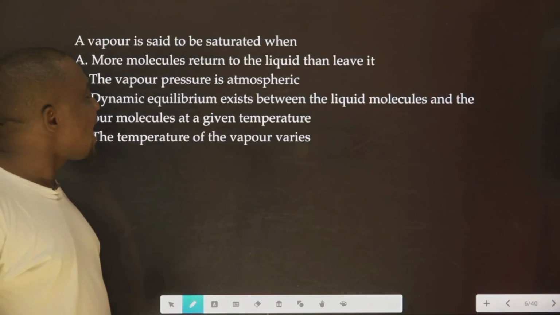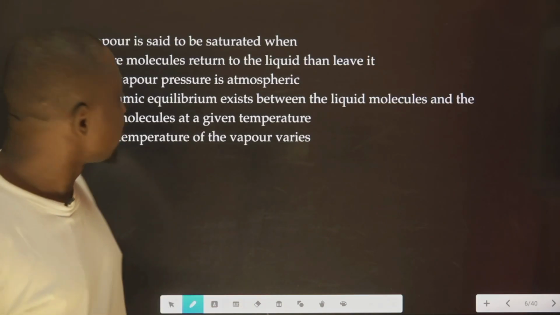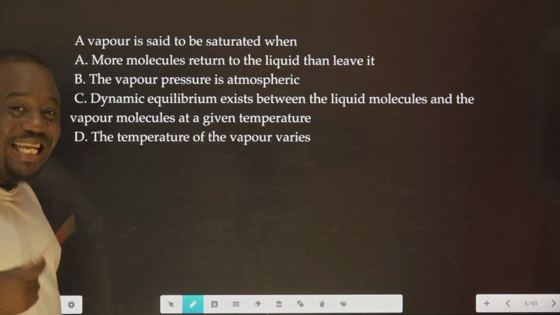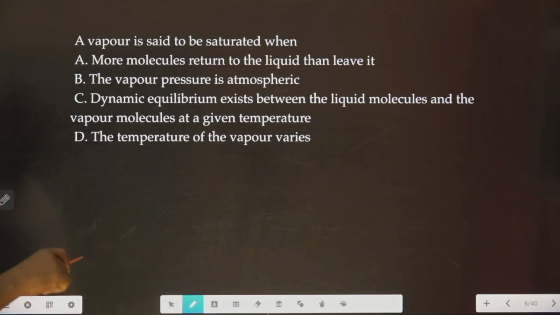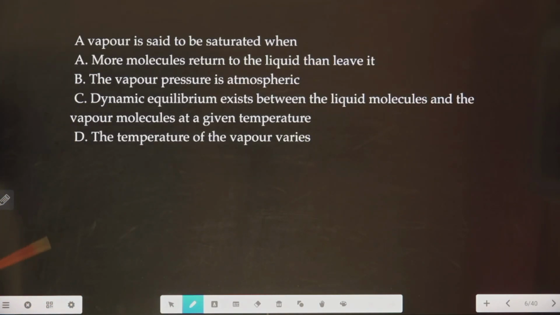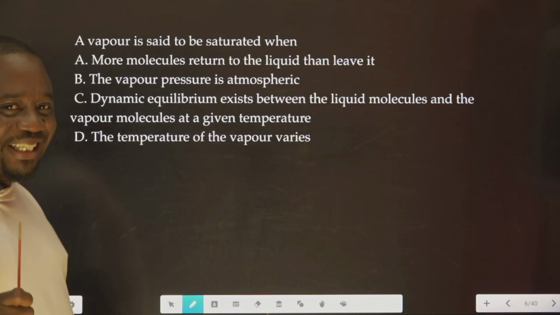A vapor is said to be saturated when what? When A, more molecules return to the liquid than leave it. No. The vapor pressure is atmospheric.